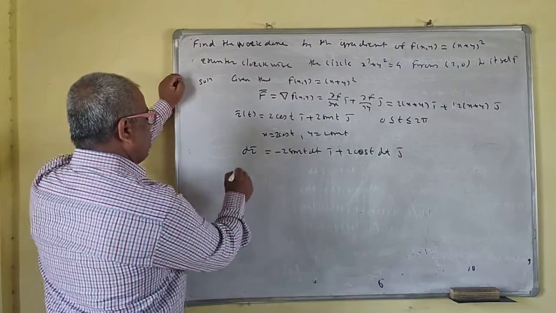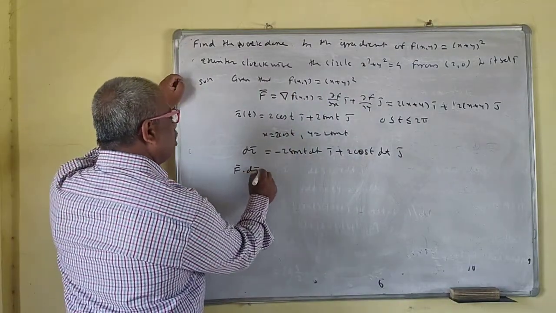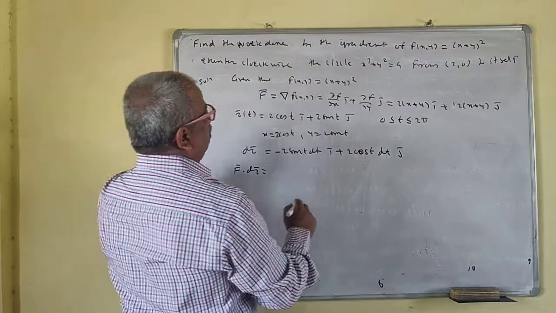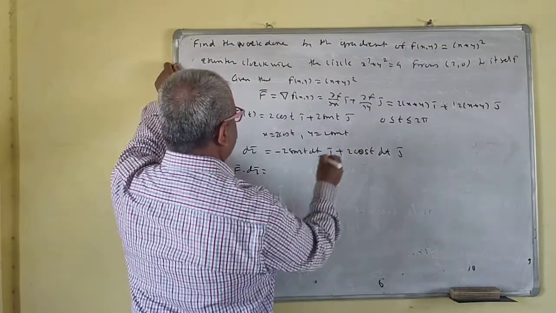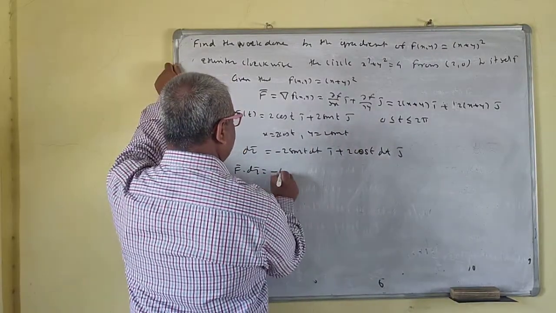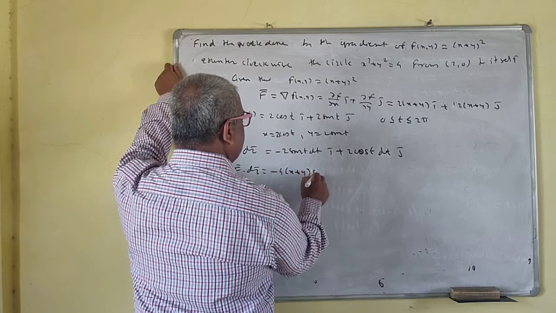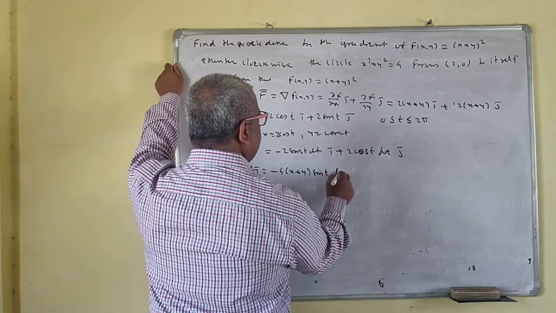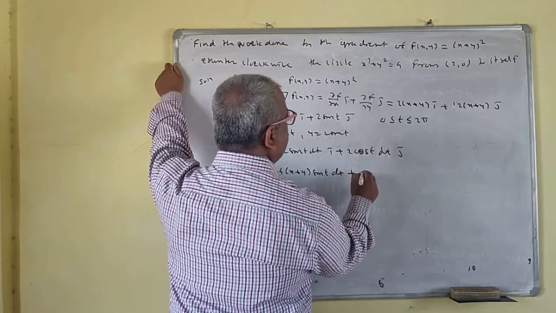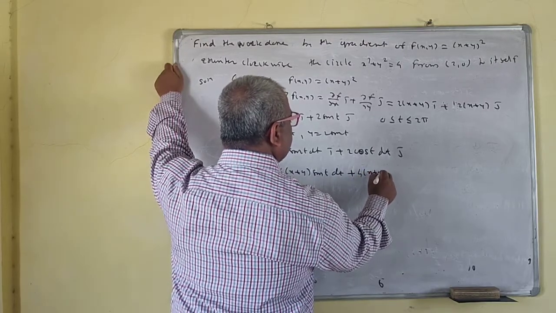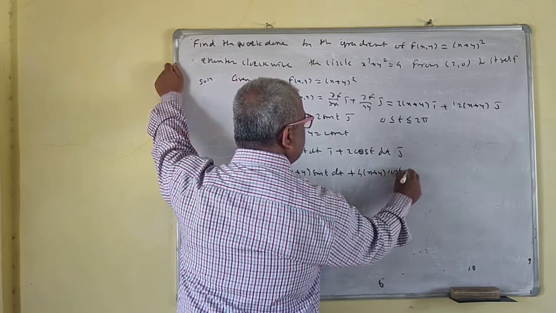Okay. So now f bar dot dr bar. So this is minus 4 times (x plus y) sin t dt plus again 4 times (x plus y) cos t dt.